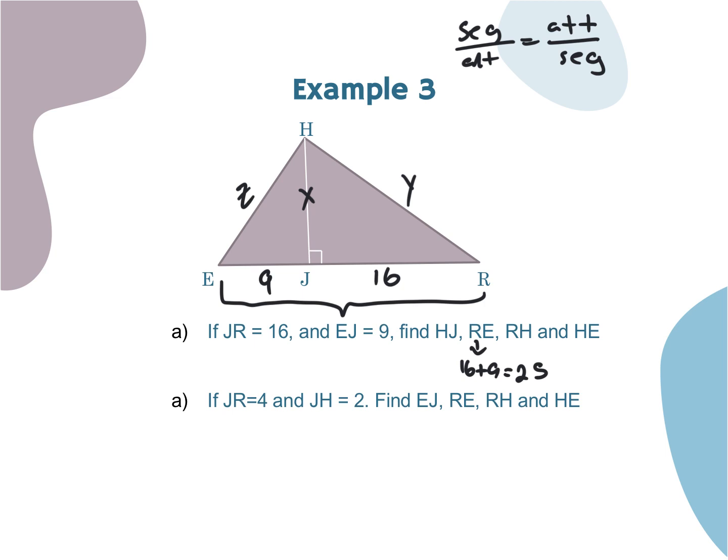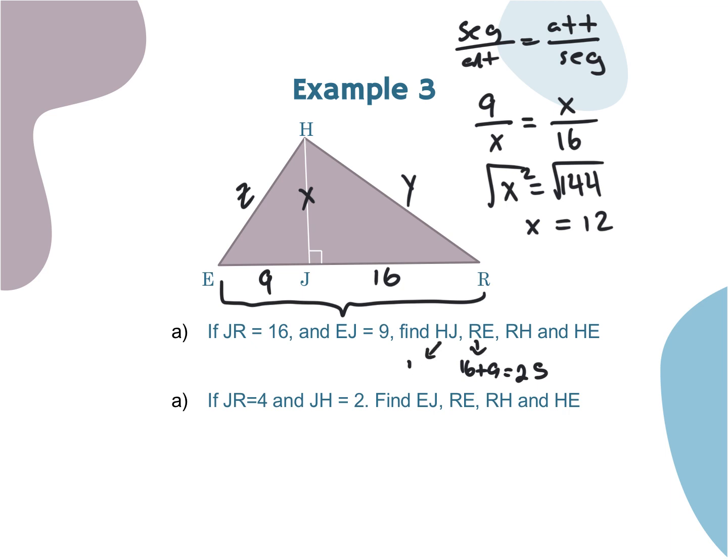So the segment, I'm going to do 9 over the altitude x equals x over the other segment, which is 16. I'm going to cross multiply, and I'm going to get x squared equals 16 times 9. Now 16 times 9 is 144, so I'm just going to go ahead and write it in. And 144, when we square root it, is a perfect square. That's 12. So we get HJ is 12.